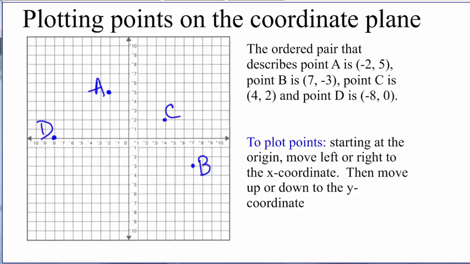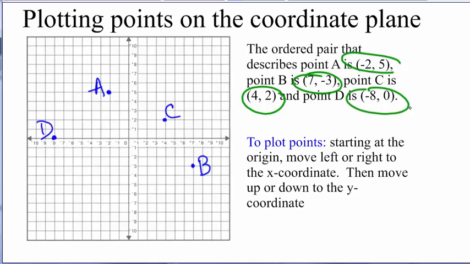So if I want to plot points on a coordinate plane, so point A here, that is (-2, 5), and point B here is (7, -3), C is (4, 2), and D is (-8, 0). So to plot the points, all I do is I start at the origin.